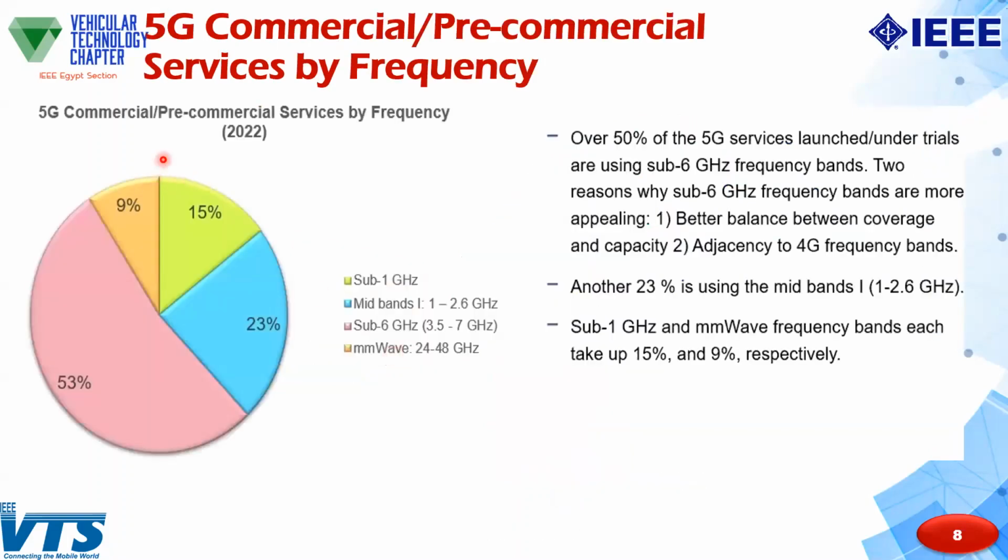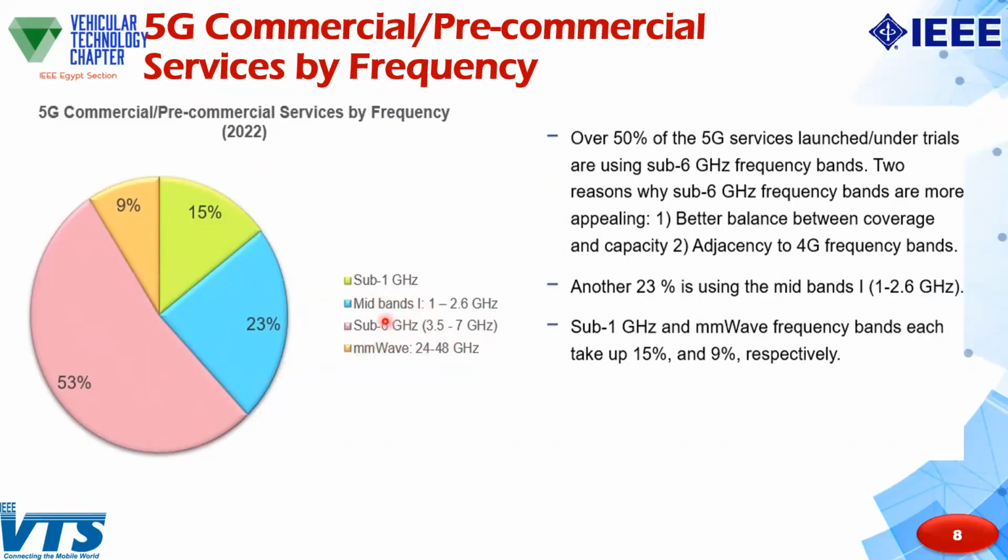From the perspective of the 5G commercial, pre-commercial service up to December 2022, you can see from this figure, if we are talking about the spectra, by the way, in the sub-gigahertz, we have 15%. In the sub-6 gig, which is from 3.5 up to 7 gig, which was called FR1, about 53 or 50%.